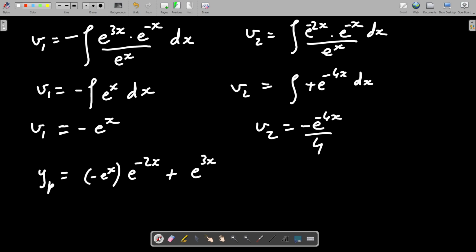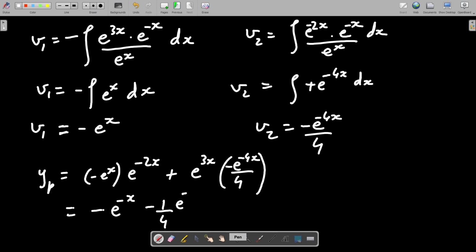Yeah, e raised to 3x I've taken as y2, into what remains here is minus e raised to minus x. Right. So this is minus 5 by 4 e raised to minus x.